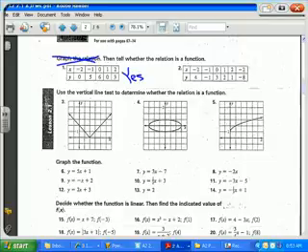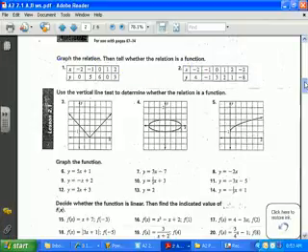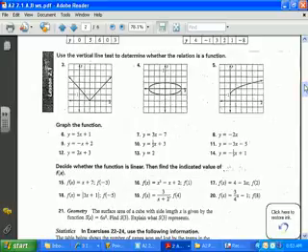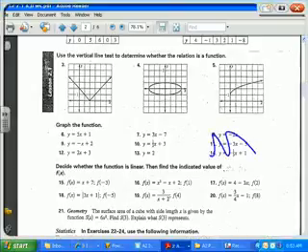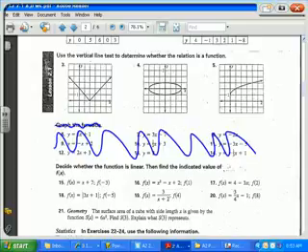Number 2? No, why not? -2 has two different outputs, so no. The only stuff otherwise that I want you to do on side B, we'll skip these because you get enough practice on side A. So on side B, you can cross out 6 to 14.